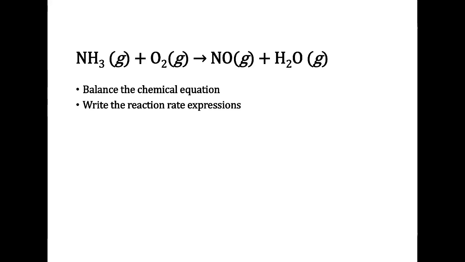Here, the first thing we need to do is write a balanced chemical reaction, because we're asked to write a rate expression. So go through and balance it. Well, your nitrogens are balanced, that's good, but then you have 3 hydrogens in the reactants and only 2 in the products. So whenever you balance that, you should have a 2, a 3, and a 2 here to balance the nitrogens.